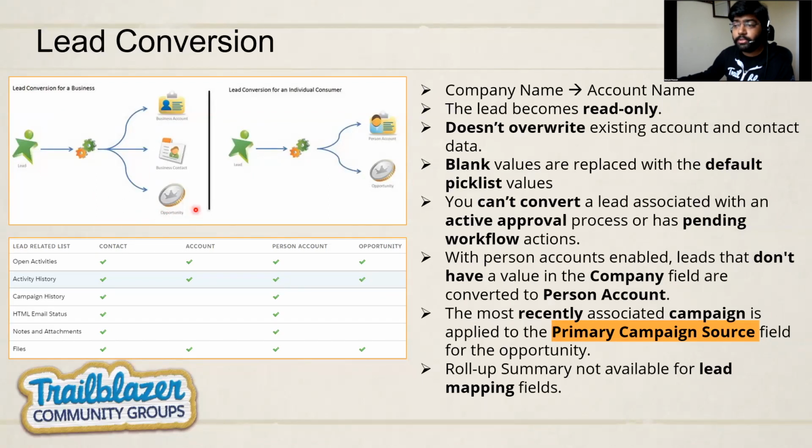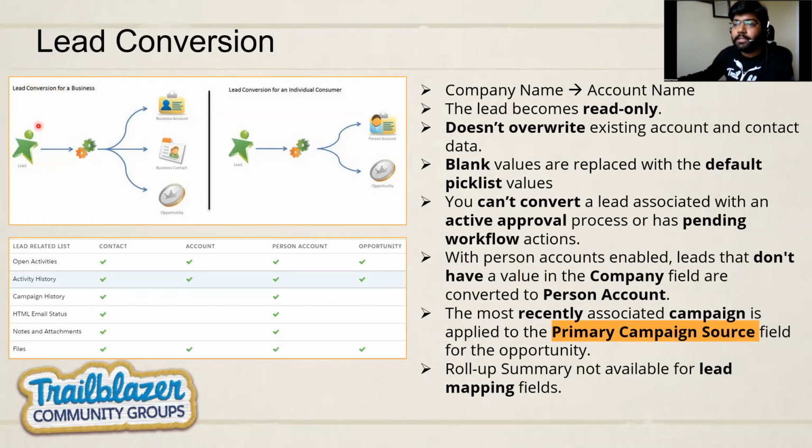So the opportunity has a lookup to campaign that will be populated, and this primary campaign source field will be populated. And it's a very important point. Generally, it will be there in examination questions as well. So you should know what the primary campaign source is and how it is populated. It will be populated with the recently associated campaign. So this lead can be associated with many campaigns.